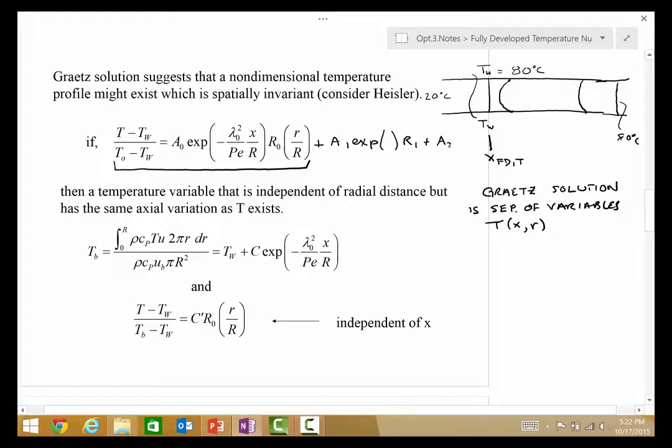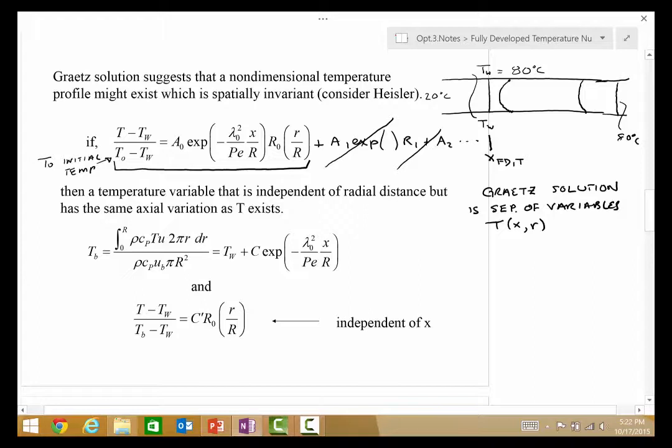But as we go to large values of x, we get this attenuation by the exponential term, and we lose those higher order terms. So for T minus TW over T0, where T0 is the initial temperature, that 20 degrees, as we go further downstream, this is a reasonable approximation.